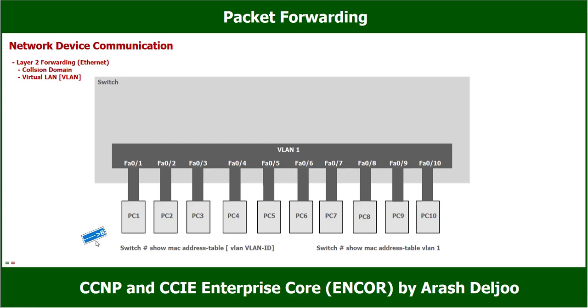Look at here, this is the broadcast frame from PC1. This broadcast frame reaches this logical switch, and the traffic should be flooded to all other ports, as you have learned previously.